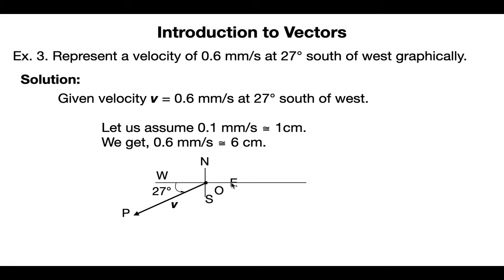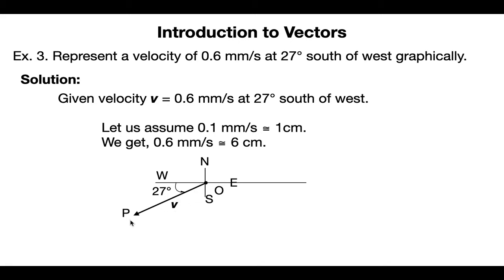In order to represent it graphically, we have to take an angle of 27 degrees south of west. This is west, south of west. South of west, positive angle, again anti-clockwise direction, 27 degrees. OP represents the velocity vector V. Recall, we are using bold italics to represent vectors.